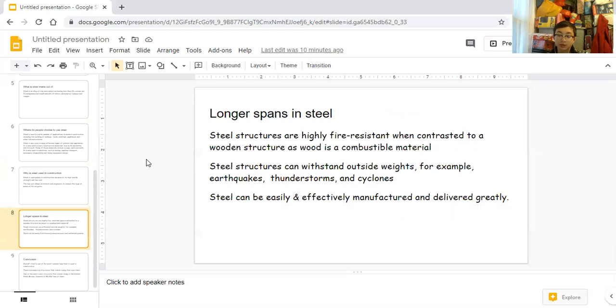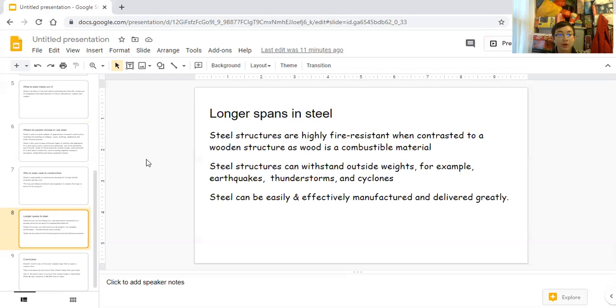When we talk about longer spans in steel, why does steel last so long? Steel structures are highly fire resistant when contrasted to a wooden structure, as wood is a combustible material.